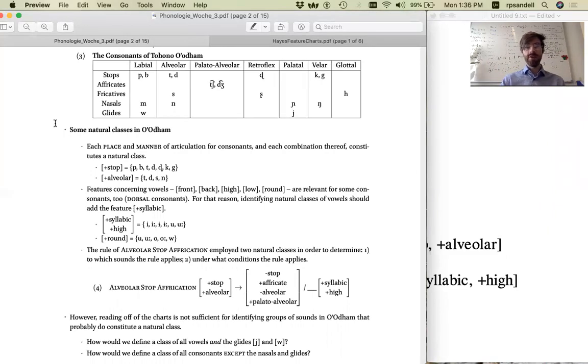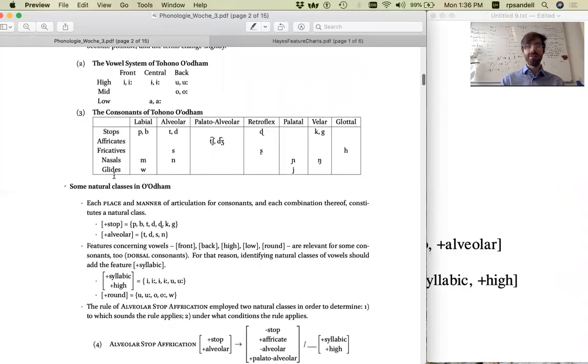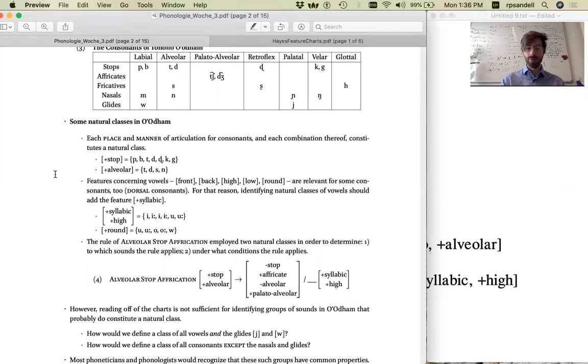So for instance, if we were to find in O'odham or some other language with a similar inventory of sounds, and we wanted to define a natural class consisting of all the vowels and the 2 glides to the exclusion of all of the other consonants, how would we do that? What feature would we want to use?